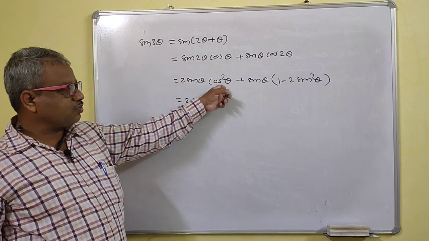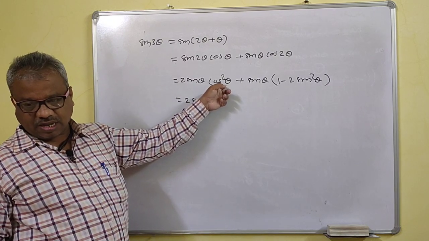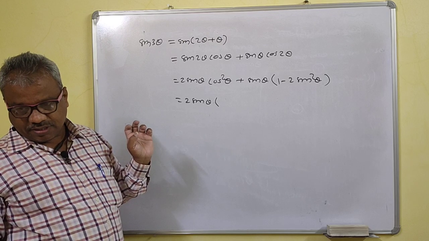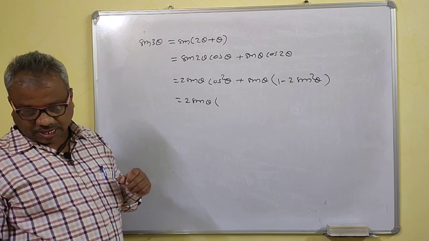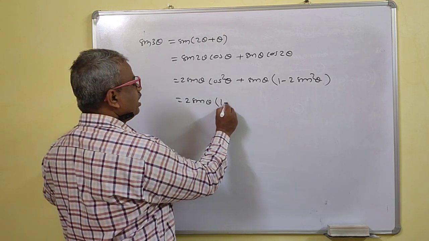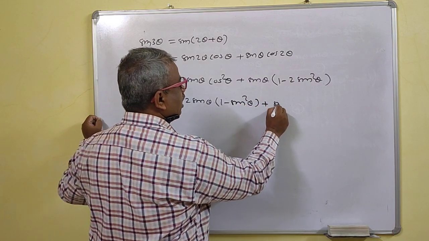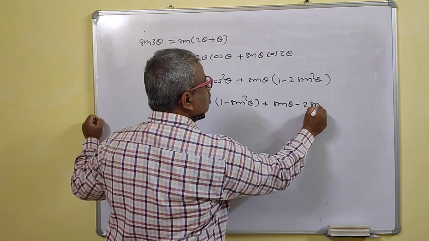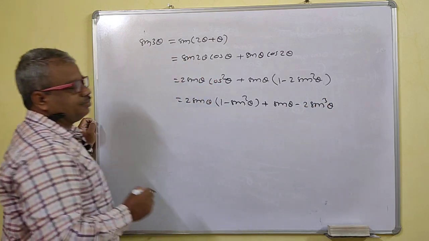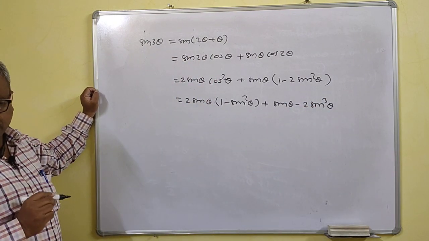I will convert this cos square theta into sin square theta because we want the formula for sin. So we convert all cos in terms of sin. Cos square I can write as 1 minus sin square theta, plus sin theta into 1 minus 2 sin square theta, which is sin theta minus 2 sin cube theta. Just multiply by this.